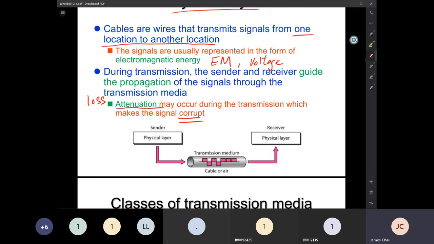Okay, and this is why we told you that nowadays we rely on digital transmission. Okay, because the tolerance to noise for digital signals should be better than analog signals. Therefore, nowadays, if you have a fast speed transmission, we may use digital transmission.